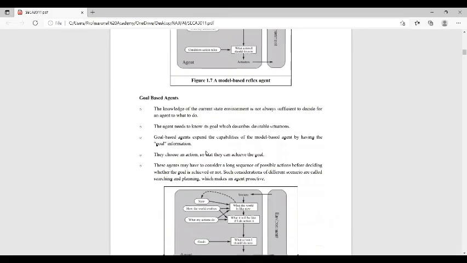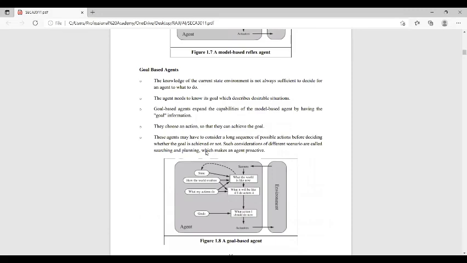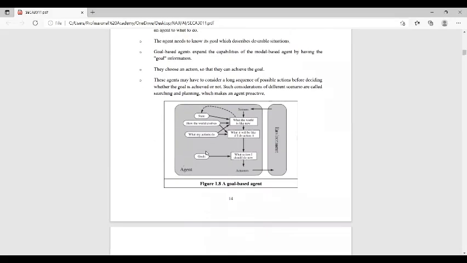Goal-based agent means that knowledge of the current state is not always sufficient to decide what the agent should do. So the agent needs to know its goal, which describes a desirable situation. The goal-based agent expands the capabilities of the model-based agent by having that goal information, so it chooses an action so that it can achieve the goal. Look at this diagrammatic representation.